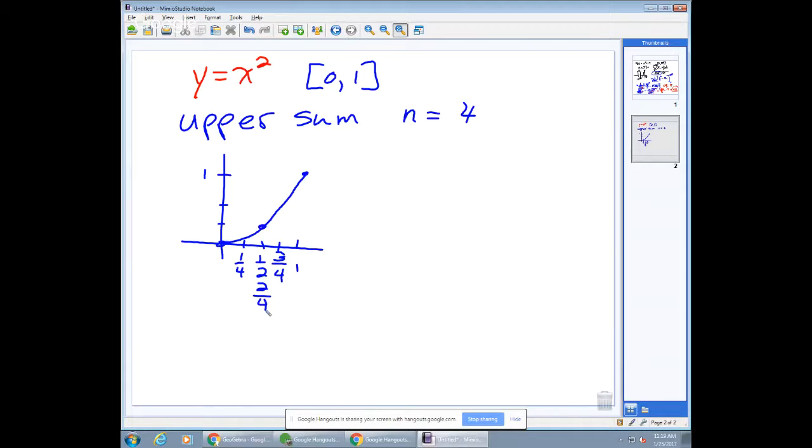And so we'll break it into rectangles. Our upper sums here are going to be left endpoints or right endpoints. Because it's increasing, they're right endpoints, and so our rectangles should look like this.